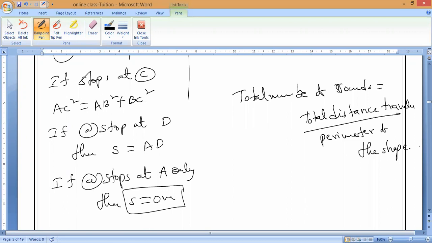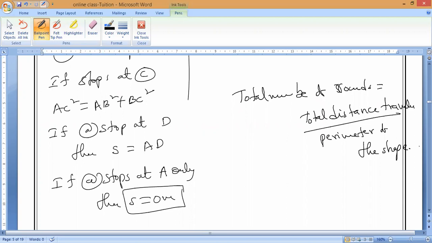Why should we find the total number of rounds? If I want to find where the body stops, the final position of the body, then you must find the total number of rounds.